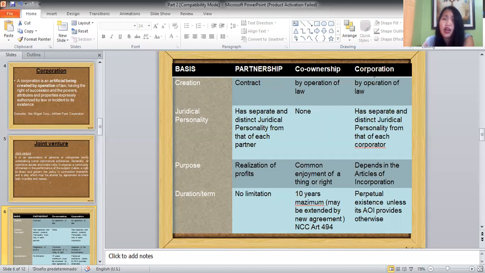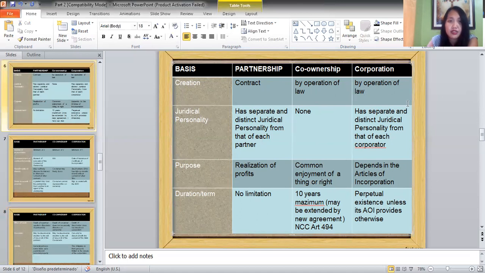And corporation, di ba, by operation of law din siya. Kasi sa corporation, yung state yung nagbibigay ng powers sa corporation for it to be created or to exist. Now, juridical personality.